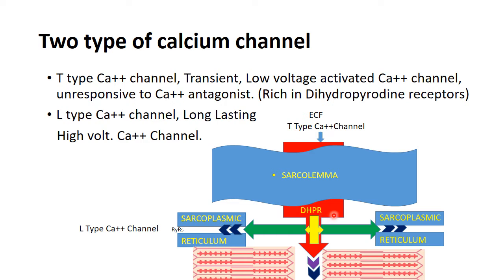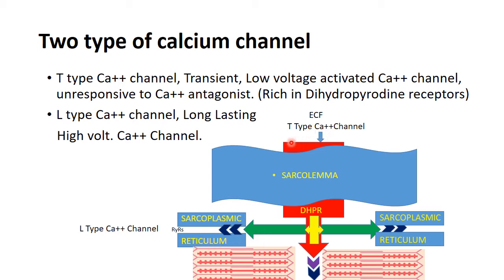the dihydropyridine receptors. Now the T-type calcium channels activate another type of receptor, known as ryanodine receptors. Ryanodine receptors are present in the sarcoplasmic reticulum.